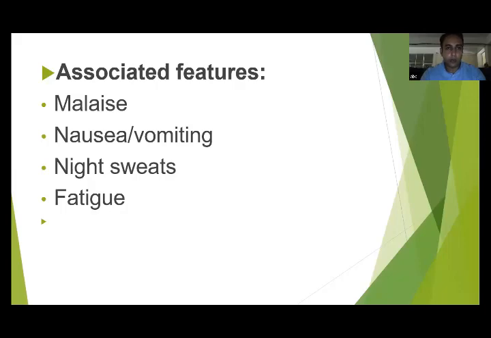Associated factors. Always ask for associated features with fever. If the patient has malaise, nausea, vomiting, that gives you a clue.